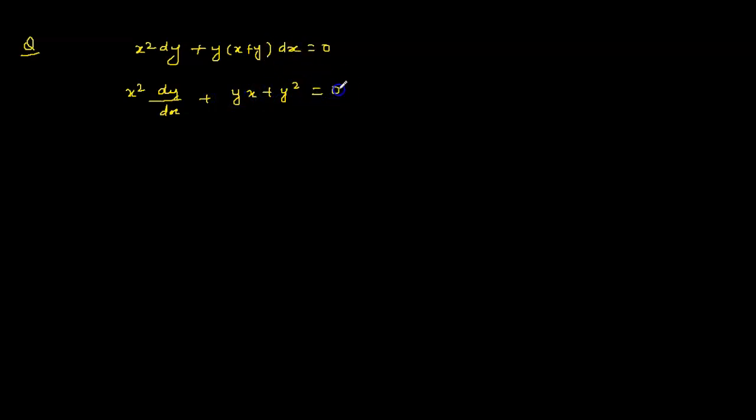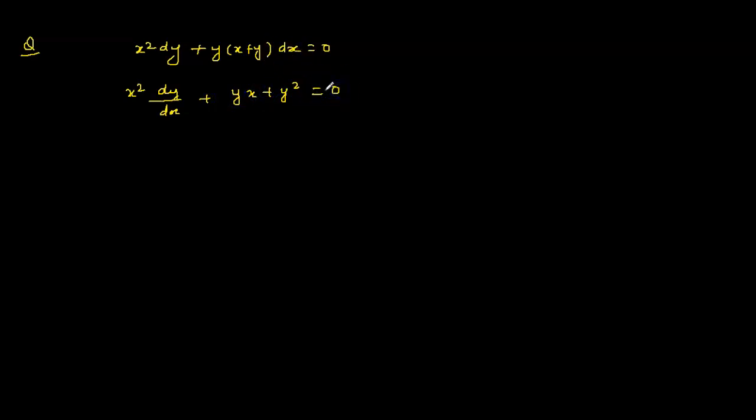Given here, x square dy plus y times (x plus y) dx is equal to 0. Okay, so this is not given in the form of any linear differential equation. First we have to try to convert it into the form of linear differential equations. So I am dividing with respect to dx. So what I will get is x square dy by dx plus y times (x plus y), and dx cancels here, that is equal to 0.